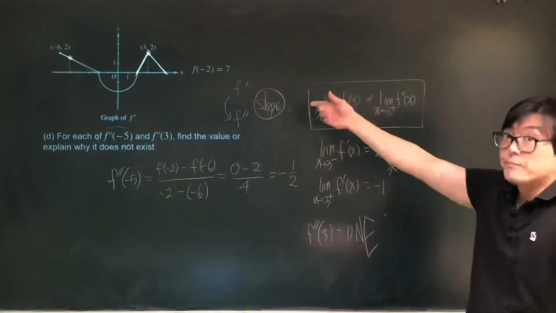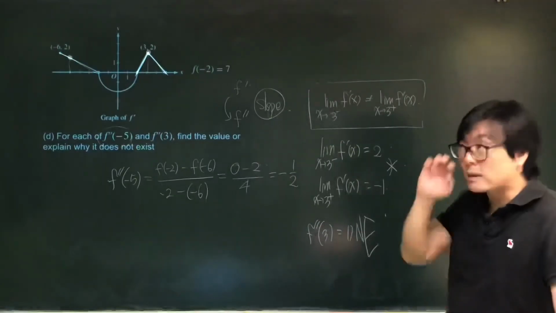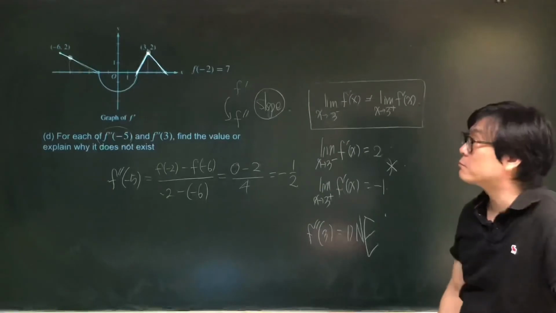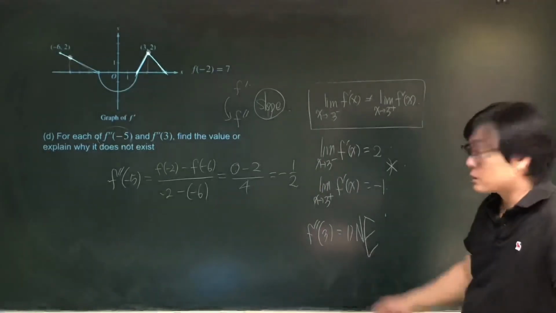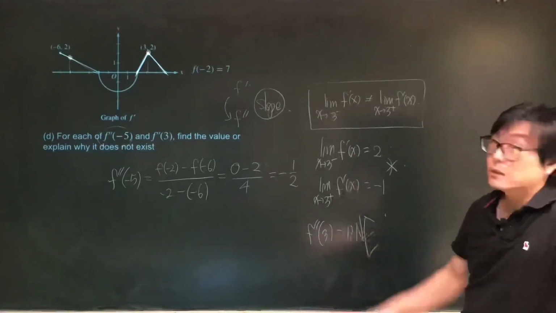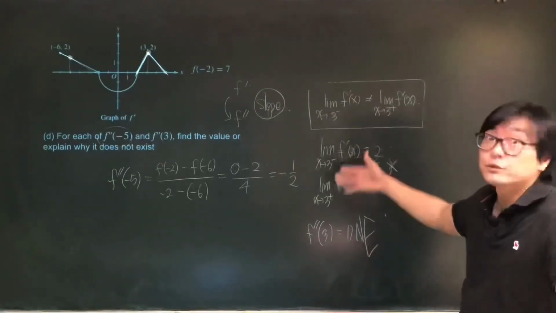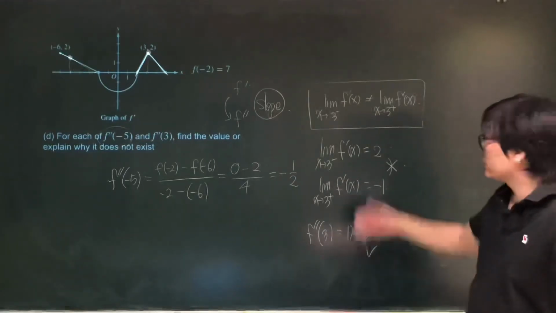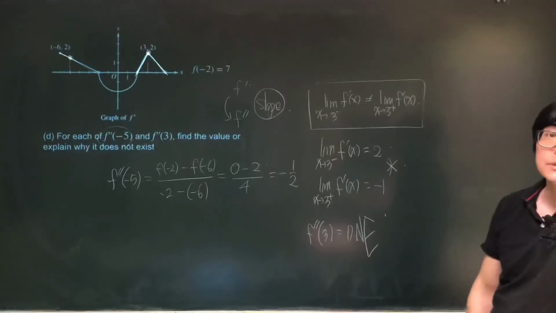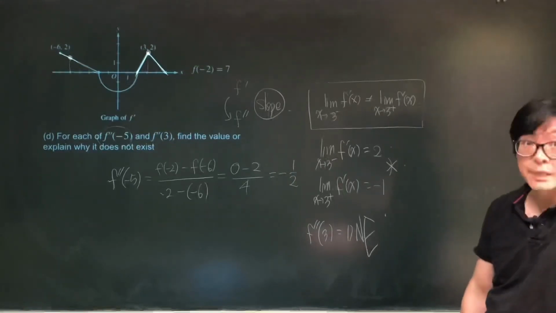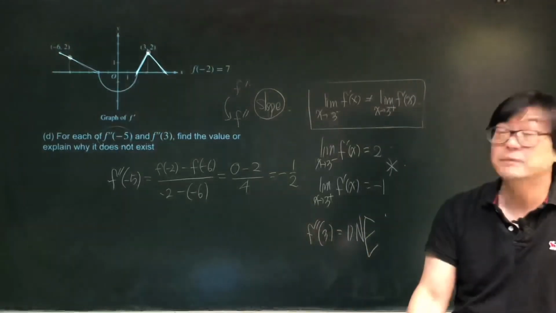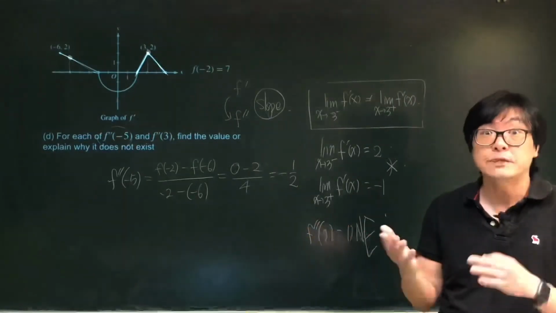If this is a multiple choice question, by looking at the graph itself, we can right away find out that f double prime 3 shouldn't exist there. But to explain it for the free response question, this is what you have to show to prove there is no value for f double prime 3. Like I just showed, all of A to D sound very straightforward, right?